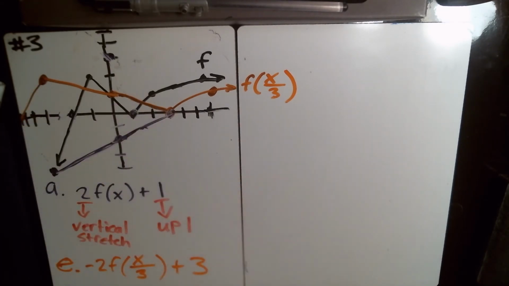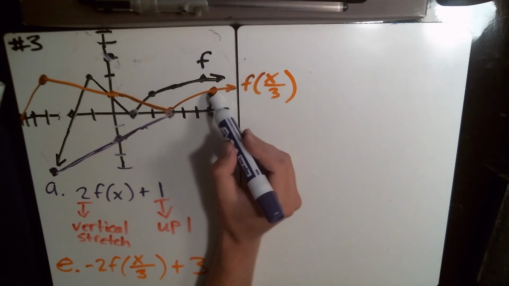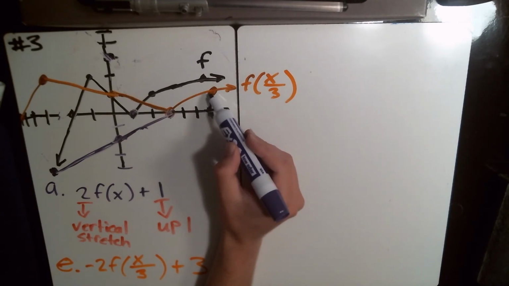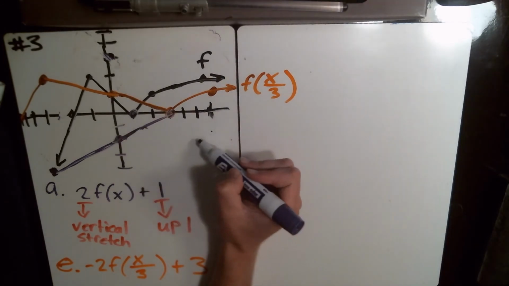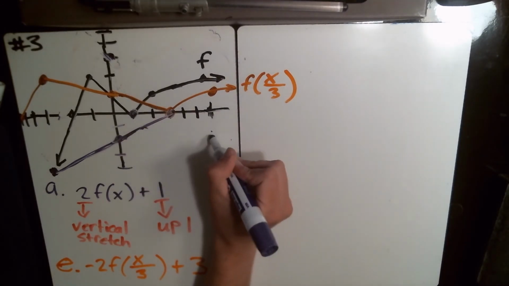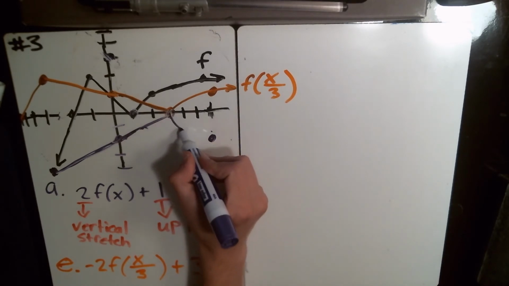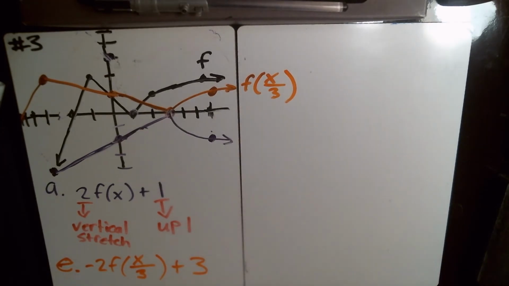And then the y value here is 1, so we times that by negative 2 and get negative 2, so we're going to be 1, 2. Again, not doing the best at drawing graphs here.